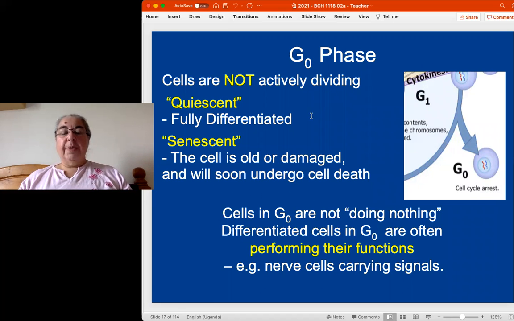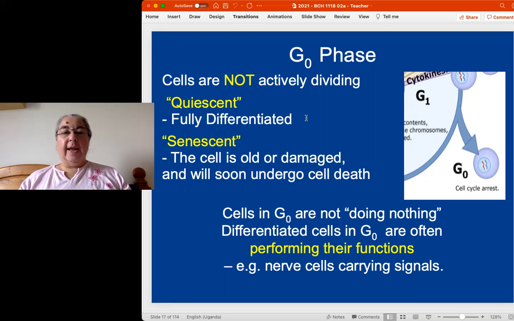Two words that can be used to describe different sorts of cell in G0 are quiescent, which means quiet, or senescent, which means old. Quiescent cells are cells that are fully differentiated.